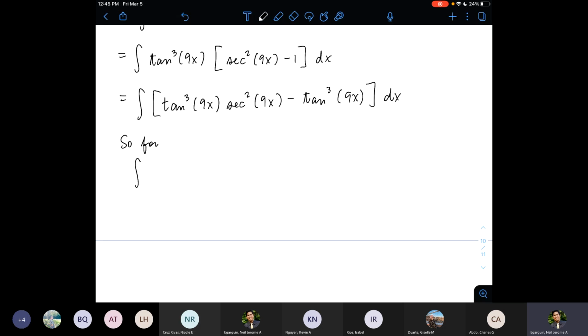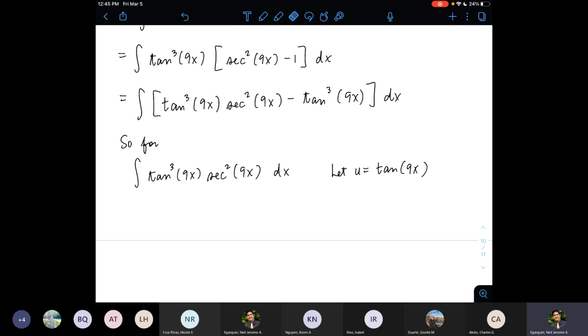For the first integral, you'll have tangent cubed of 9x, secant squared 9x dx, right? That's the first term. So here we can let u be equal to tangent 9x, because here we have an even power for secant. This will fall under the first asterisk. Whenever you have an even power for secant, you can isolate that for the du and express everything else in terms of the tangent.